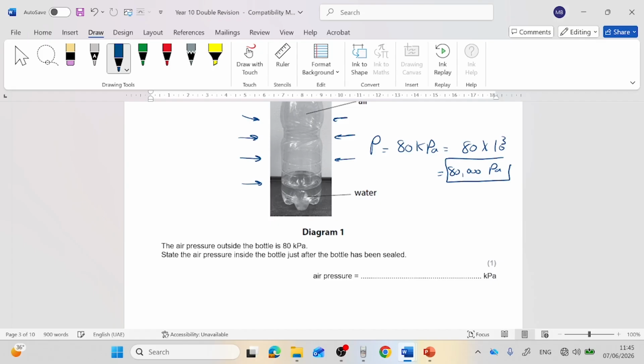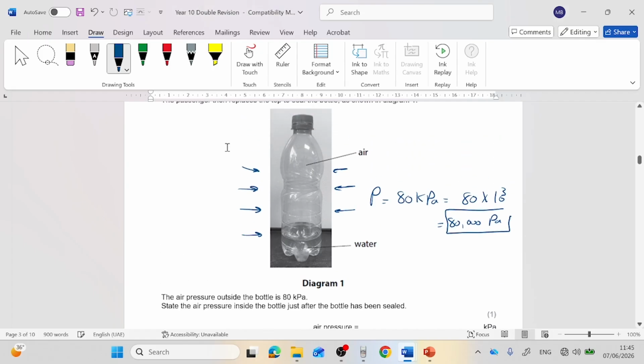By the way, as you can see, the bottle has its shape. It is not compressed, as you can see. So this means that the external pressure is equal to the internal pressure. There are air molecules inside the bottle, right? And they are moving randomly and they keep colliding with the walls of the container. But as you can see, there is no deformation in the shape of the bottle.